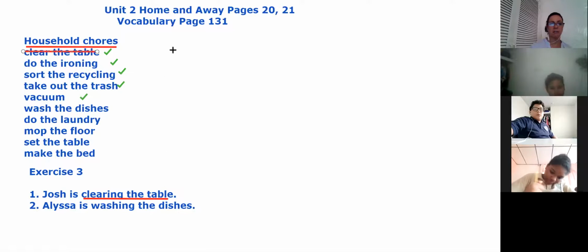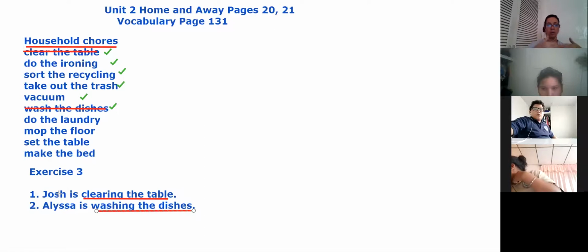Yes, washing the dishes. I didn't mark it. Let's mark it here. This one goes. And washing the dishes. Sorry, let me undo this. So she's washing the dishes. Josh clears the table. Alisa is washing the dishes, or she can put it in the dishwasher. Load it in the dishwasher, but she has to wash them first. Wash the dishes.